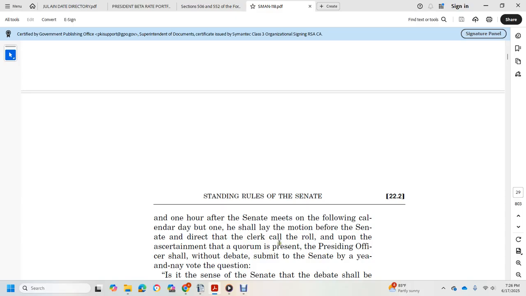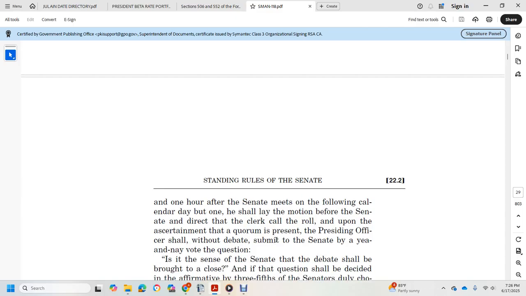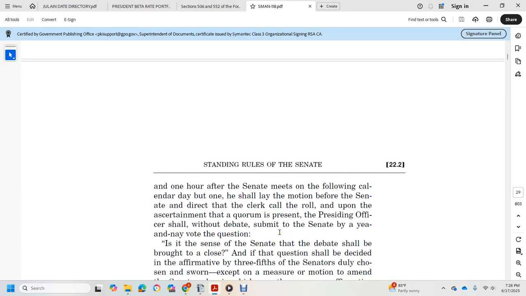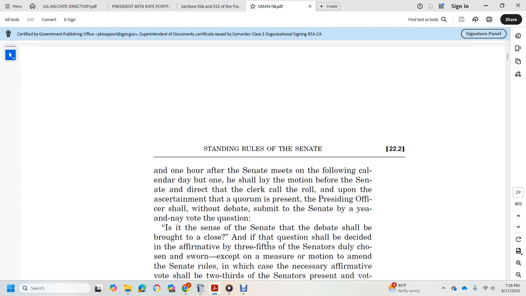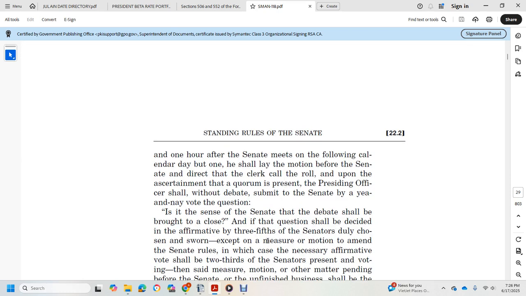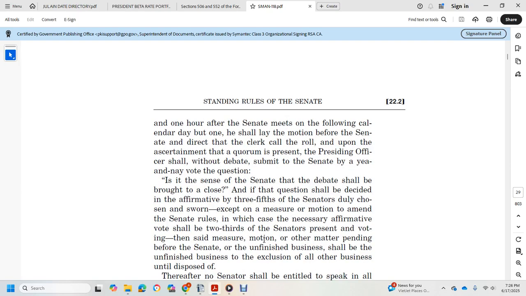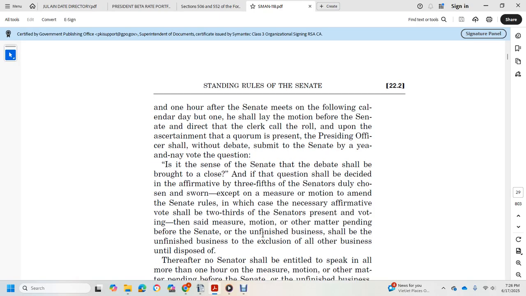Is it the sense of the Senate that the debate shall be brought to a close? And if that question shall be decided in the affirmative by 3/5 of the senators duly chosen and sworn, except on a measure or motion to amend the Senate rules, in which case the necessary affirmative vote shall be 2/3 of the senators present and voting, then said measure, motion, or other matter pending before the Senate, or the unfinished business, shall be the unfinished business to the exclusion of all other business until disposed of.